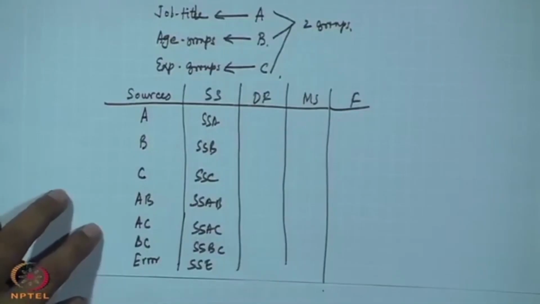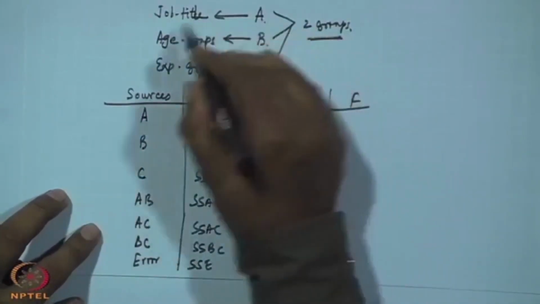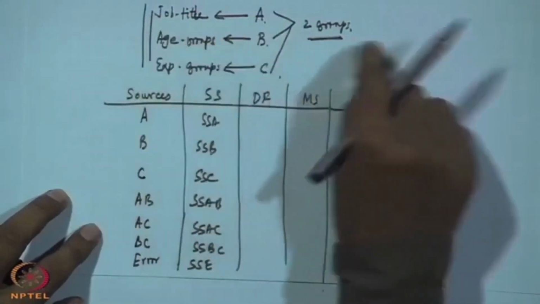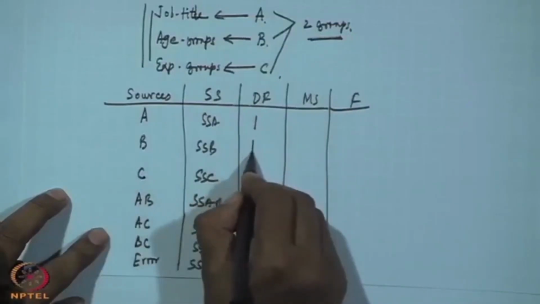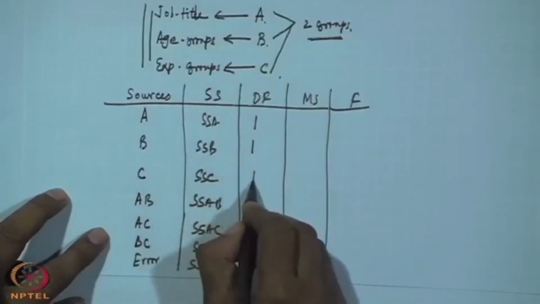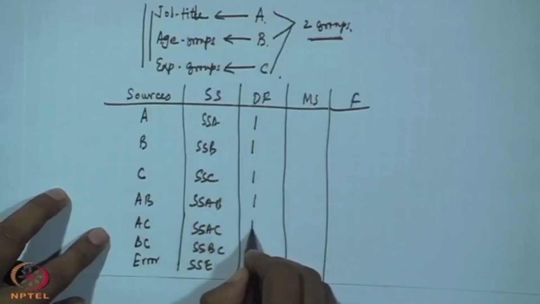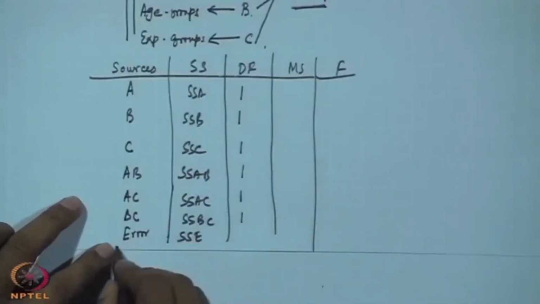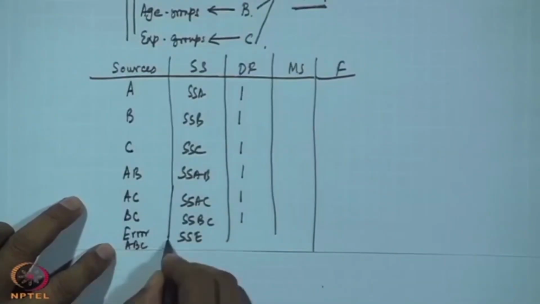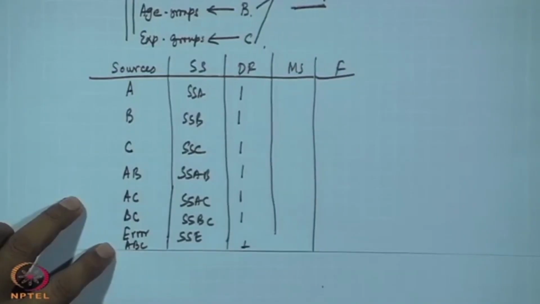Getting me? We have taken 2 groups, each of the variables having 2 levels. So, 2 minus 1 is 1, again 2 minus 1 is 1, 2 minus 1 is 1, 1 into 1 is 1 for AB, 1 for AC, 1 for BC. There is one more source of variation, that is ABC, the 3-way interaction. So, that also will become 1.